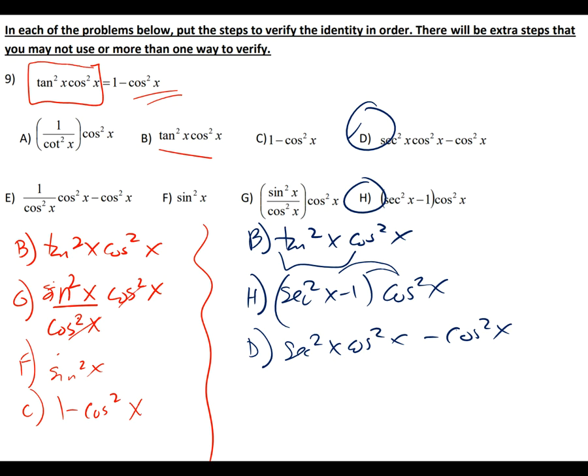So what is another name for secant? Because we're always looking for opportunities to cancel, right? It's our favorite thing to do. Is that one of our choices? It's E, right?